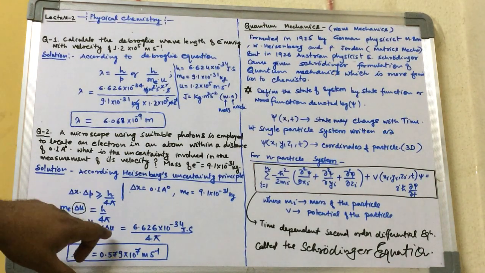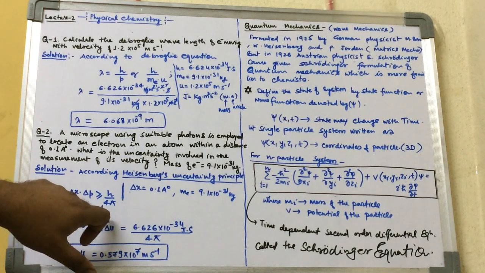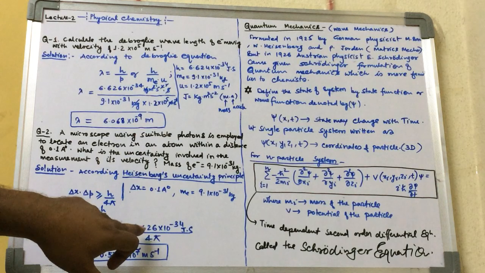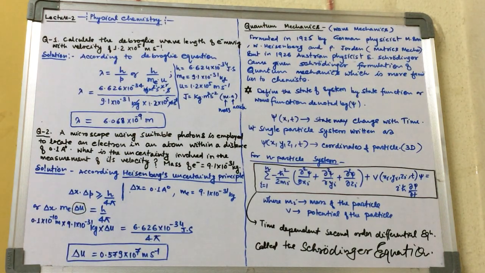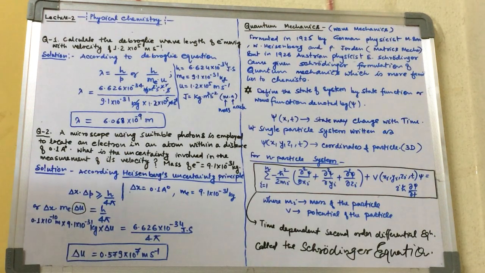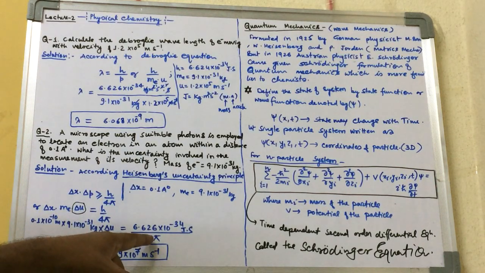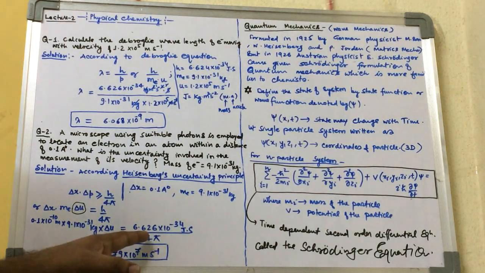We have to find delta u, and on the right side h is the Planck constant, 6.626 into 10 to the power minus 34 joule second, upon 4 pi in the denominator. Simply put these values, and you will get the delta u value. Pi is 3.14, multiplied by 4.